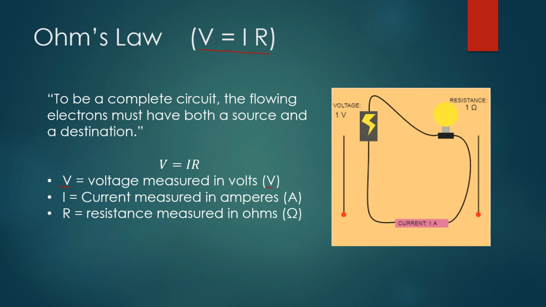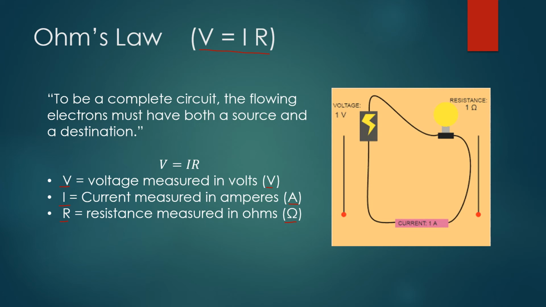The I in the equation is current. So that is the charge moving through the wire, and it is measured in amperes or amps, so capital A for those units. Resistance, R, so the light bulb, clock, whatever is attached to the circuit, is measured in ohms with this funky looking symbol here.